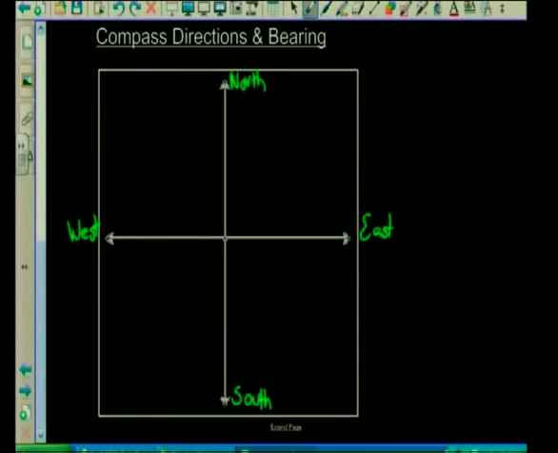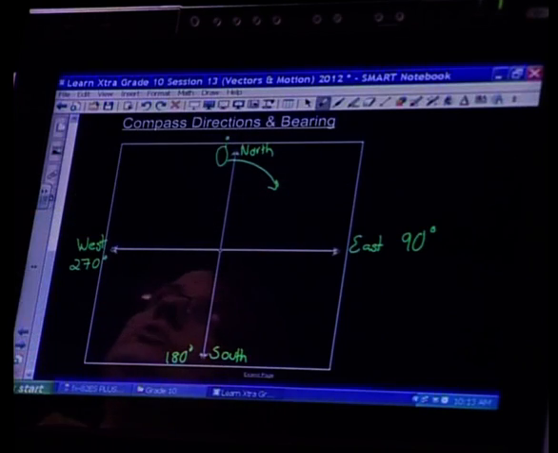All right, that's nice and easy. But we can also describe it in terms of bearing. Bearing's a little more difficult. What we need to remember about bearing is bearing starts at 0 degrees, and we measure bearing clockwise from the right round, okay? So east is at a bearing of 90 degrees, south is 180, west is 270, and we can get any angle between those.